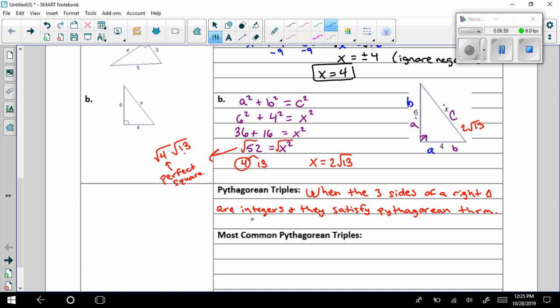This is even more specific, whole numbers, because integers implies that they can be negative, and they can't. So the 3 sides of a right triangle are whole numbers that satisfy the Pythagorean theorem, meaning that make it true if you plug them in.